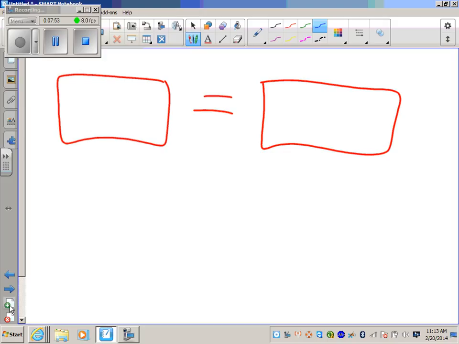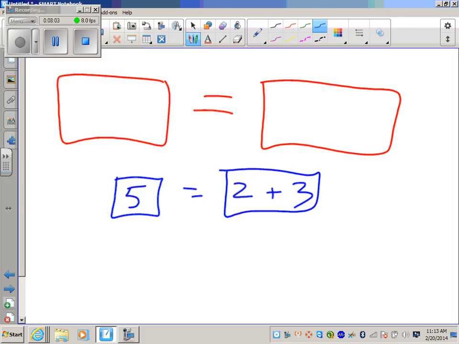It just means this. Is the value on this side of the equal sign exactly the same or equal to the value here? Yes. 2 and 3 is what? 5.